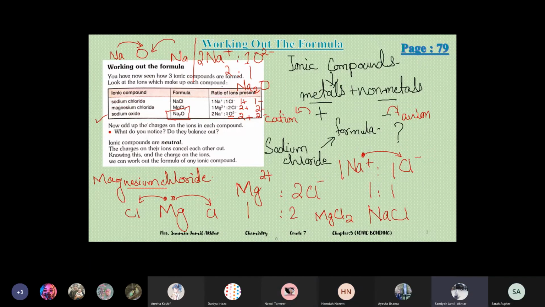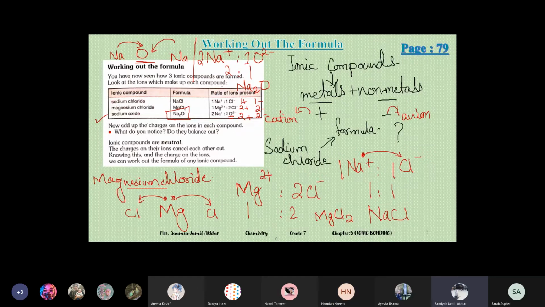Sodium has 1 plus charge, but there are 2 sodium ions, that's why we wrote it so. Oxygen is 2 minus because one oxygen is receiving 2 electrons. See at the top, one oxygen receiving 2 electrons. That's why I'm saying practice it at home. When you draw it and write the formula yourself, then you will get it. So they balance out each other.